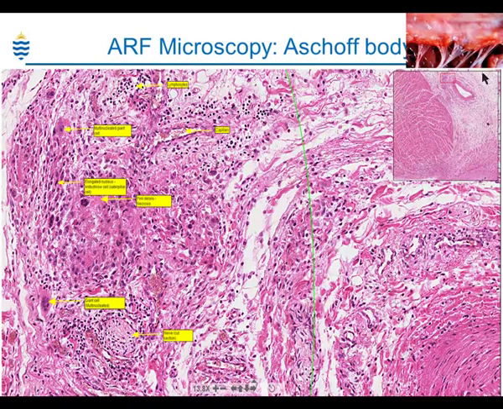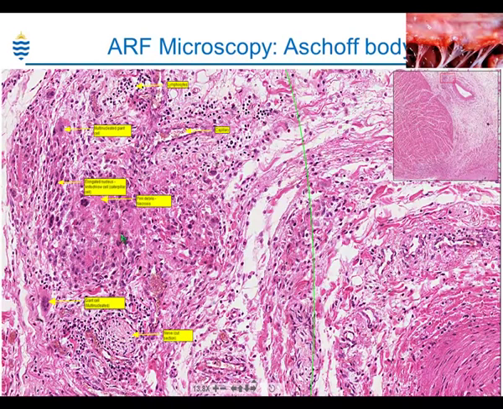Now if you see the whole slide here, that is the myocardium, and this is the intermyocardial tissue or pericardium here, blood vessels there. At the side of the blood vessel there are plenty of inflammatory cells, but there are plenty of inflammatory cells everywhere. It is pancarditis, but the Aschoff bodies are seen around the blood vessels in the myocardium.